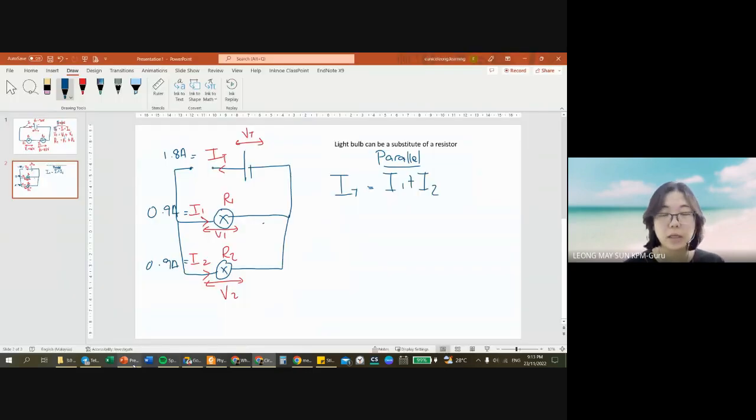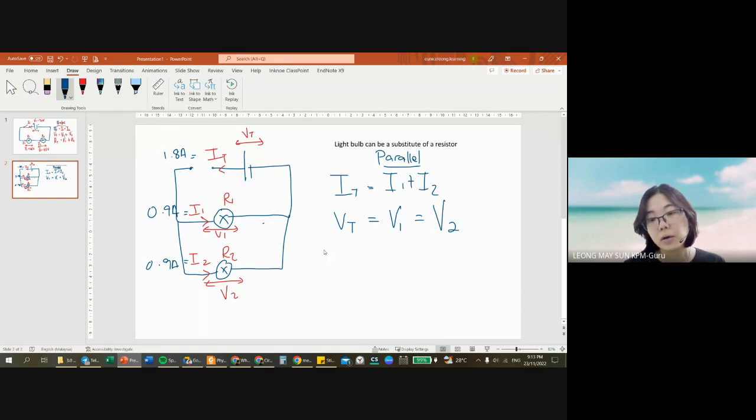So V total is 9 volts, with V1 also 9 volts, equivalent also to V2, which is also 9 volts. So for a parallel circuit, the potential difference is the same across whatever electrical appliances are in parallel.